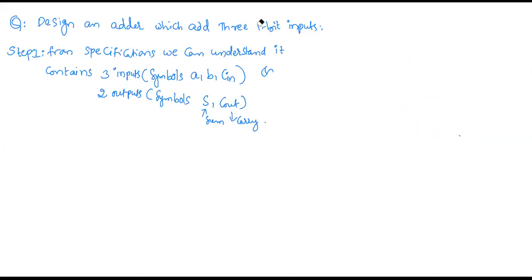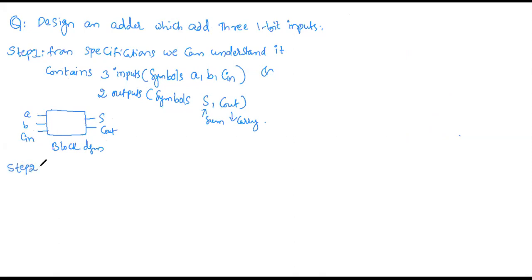Now, draw the block diagram. This is the block diagram: A, B, C in, S, C out. Now we have to draw the internal diagram for this. So the internal diagram you can get by proceeding with step 2, 3.